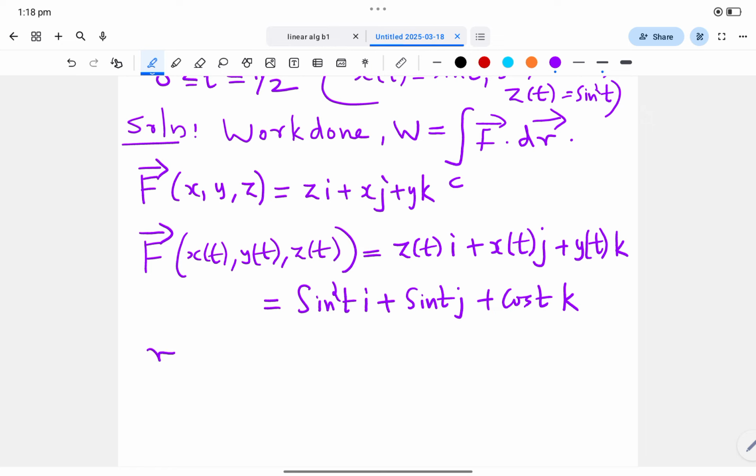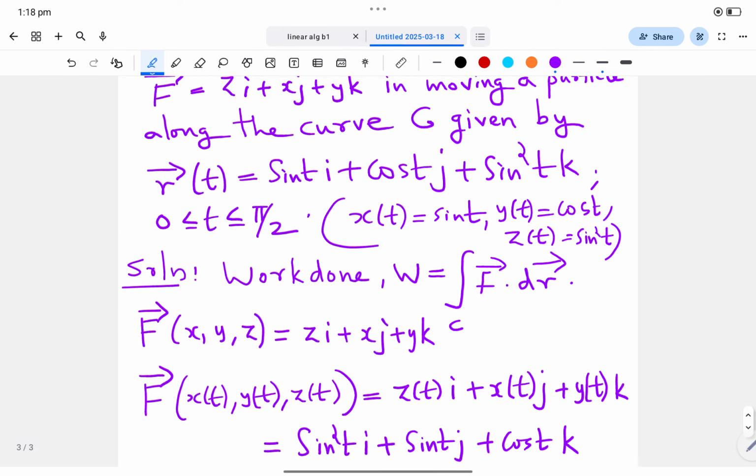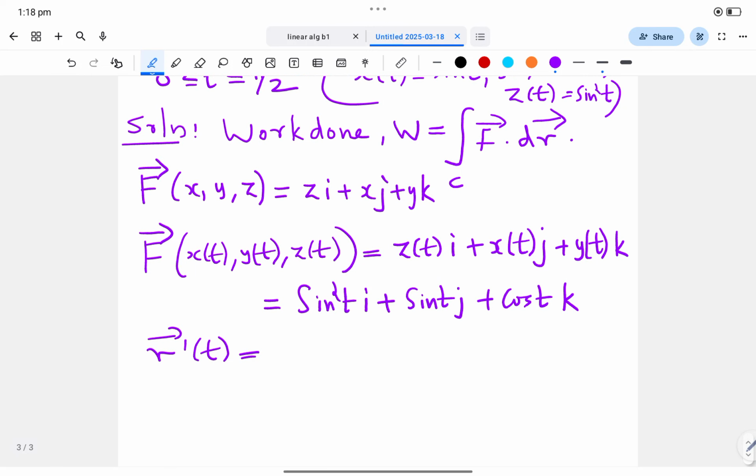Now what is vector r dash of t? R of t is sin t i plus cos t j plus sin square t k. So r dash of t is cos t i minus sin t j plus 2 sin t cos t k.